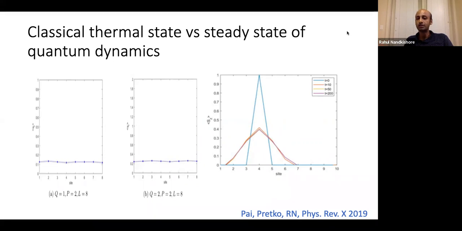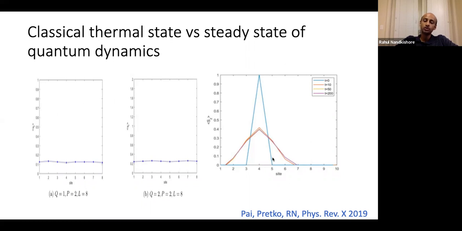So you might think the long time average state would look something like an equal weight superposition over all states in a given charge and dipole symmetry sector. And what I've shown on the left in these two plots is the charge density distribution in such an equal weight superposition. And as you can see, it looks essentially flat as a function of position.